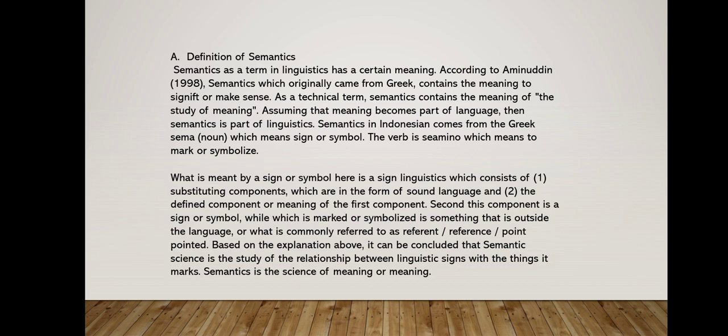The first component is a sequence of symbols, while the marked thing is something outside the language, or what is commonly referred to as the reference or referent. Based on the explanation above, it can be concluded that semantics is the study of the relationship between linguistic signs and the things they mark.